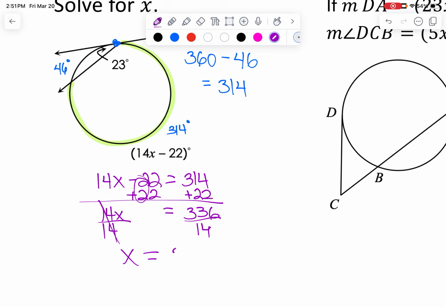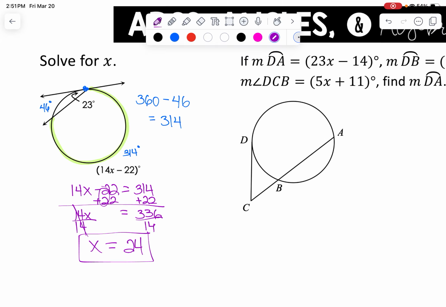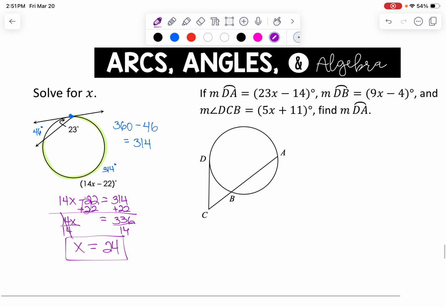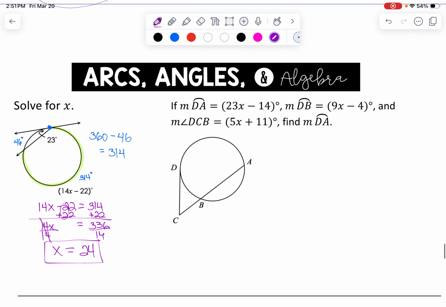Divide by 14, that would be 24. Solve for x, I don't have to plug back in. Okay, hopefully that makes sense. You saw one where it was outside, one where it was inside, and one on the circle, so you saw an example of each. Let's try one more.